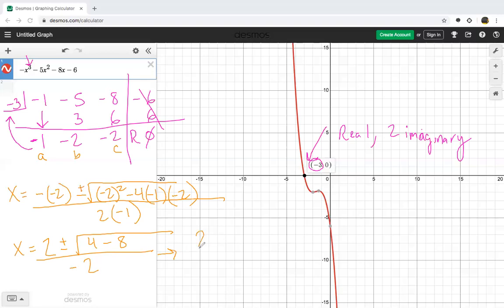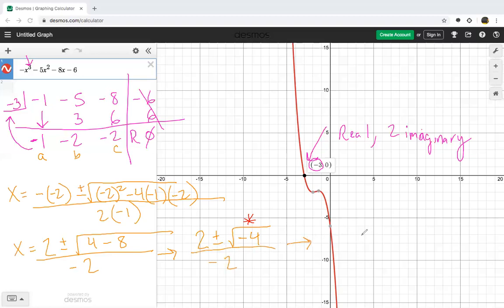Simplifying this further, we have a 2 plus or minus the square root of 4 minus 8 is a negative 4. Now you can see where this is going here. This is why we're into the imaginary number system, because of the negative inside of the square root. And that's going to all be divided by negative 2.